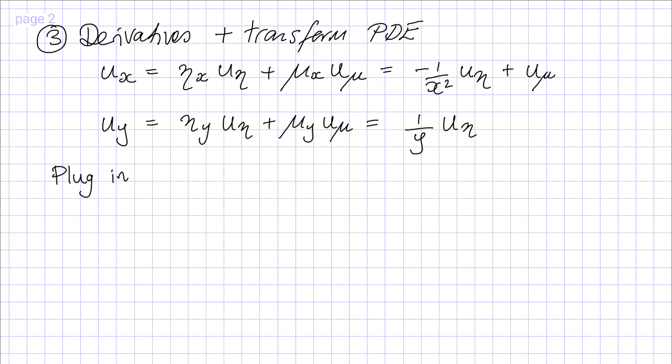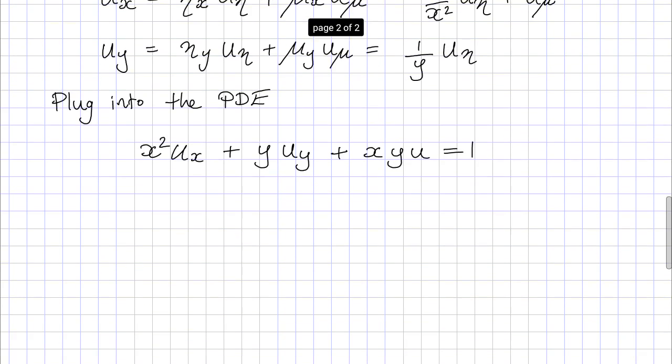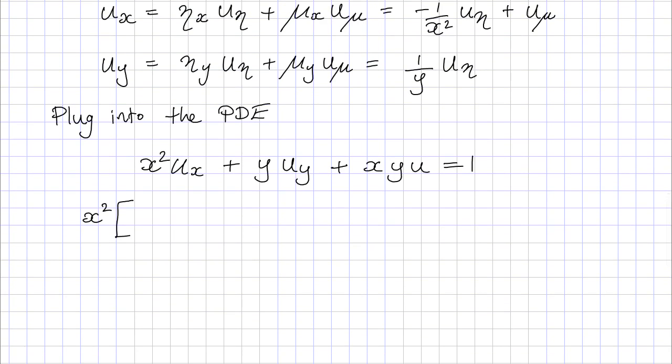So these we take and we plug them into the PDE, and I'll just write that out again here so we've got it to look at. So my original PDE was x squared du by dx plus y du by dy plus x y u equals 1. So let's now plug in these new expressions for du by dx to start with.